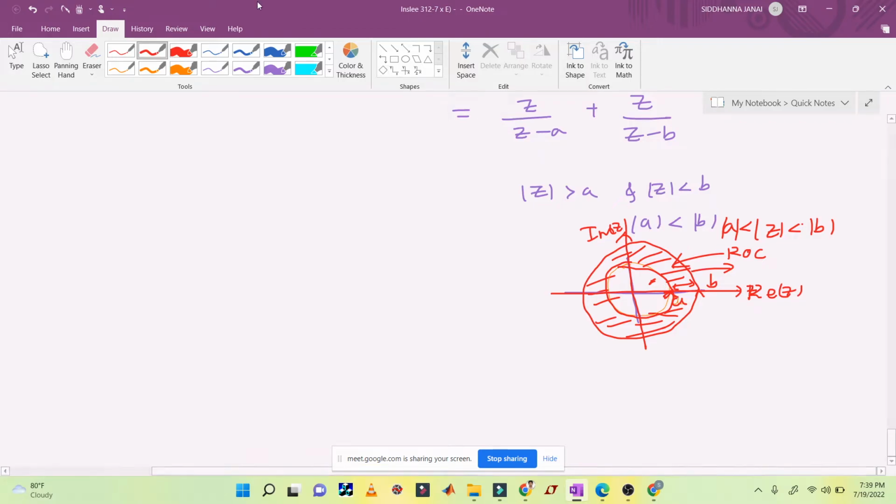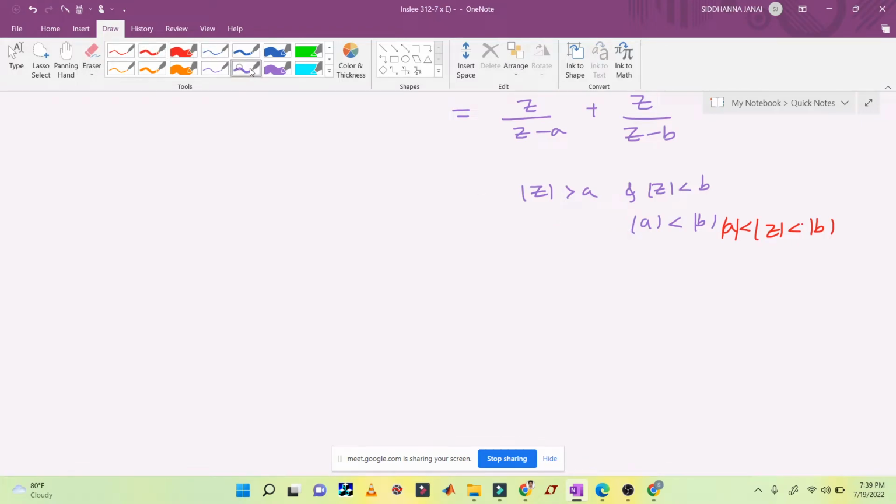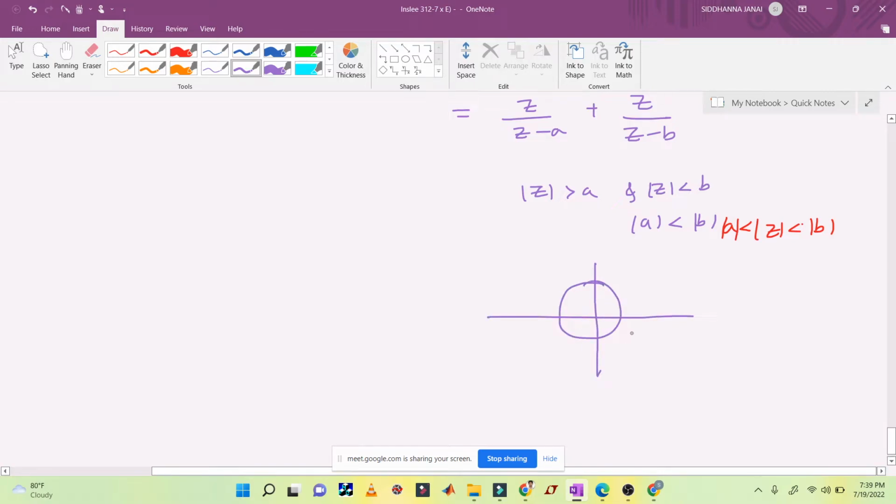One is the circle with radius A. Second circle is with radius B, because our Z transform exists for greater than A, lesser than B. We can draw the ROC as a concentric circle.